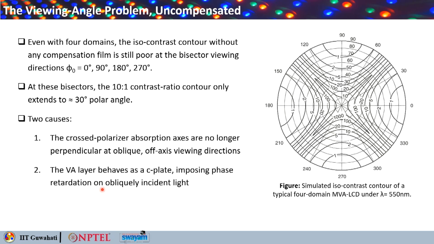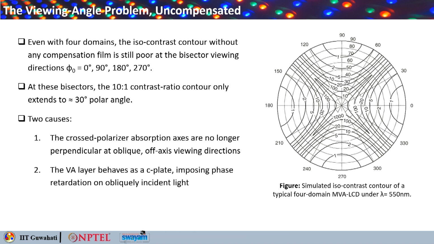The second is that the vertical alignment layer behaves as a uniaxial C plate that imposes a phase retardation on obliquely incident light. What exactly happens there is that the vertical alignment liquid crystal itself acts like a uniaxial C plate for obliquely incident light, and it imposes an unwanted phase retardation that further degrades the contrast.